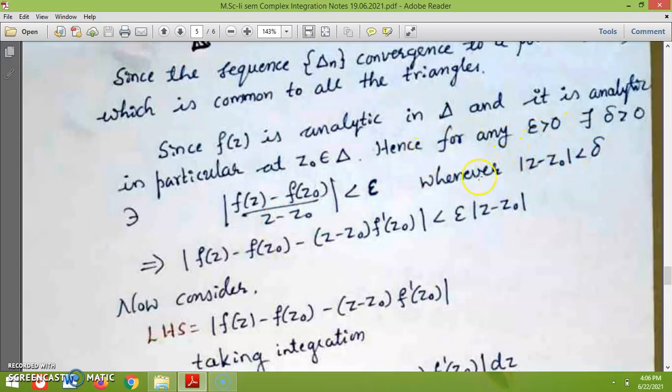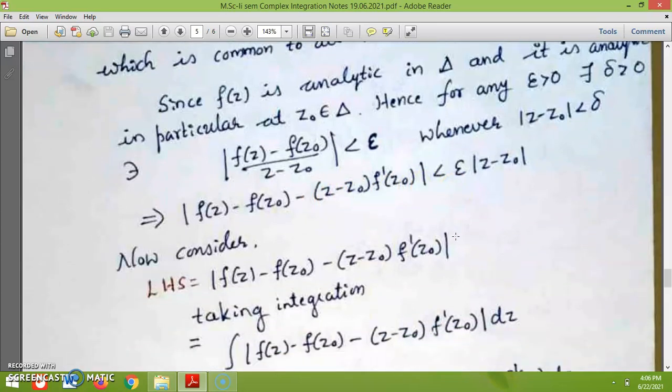However small it is, it is positive. Then you can simplify this definition of analyticity: we can multiply both sides by z minus z0, so we get an expression there.